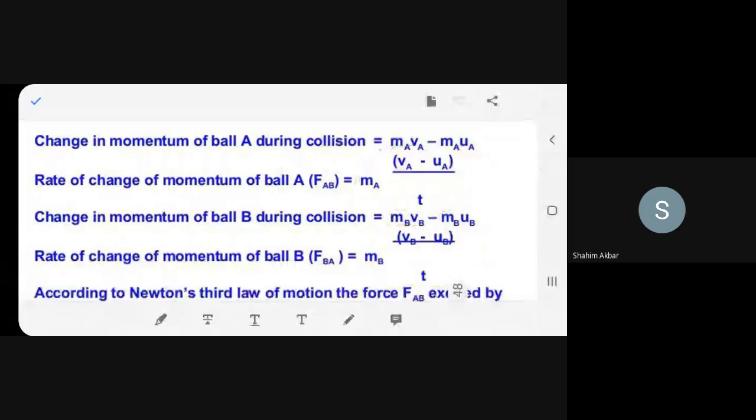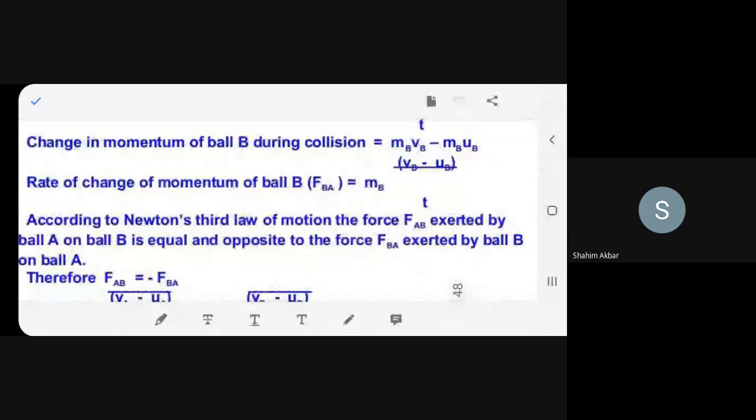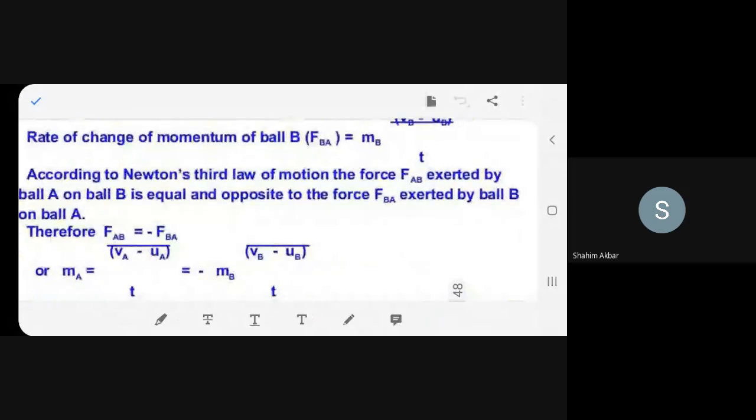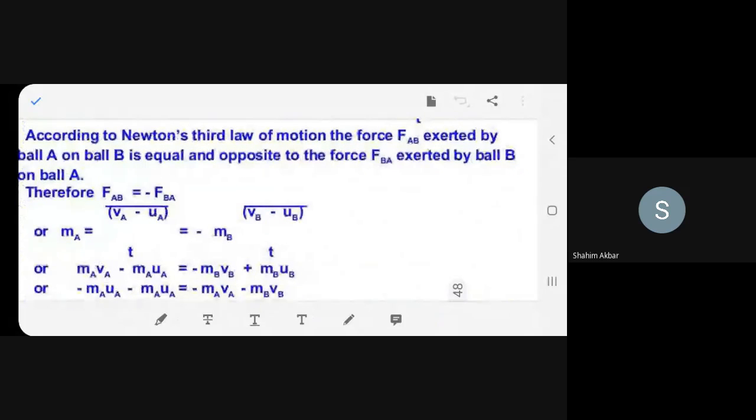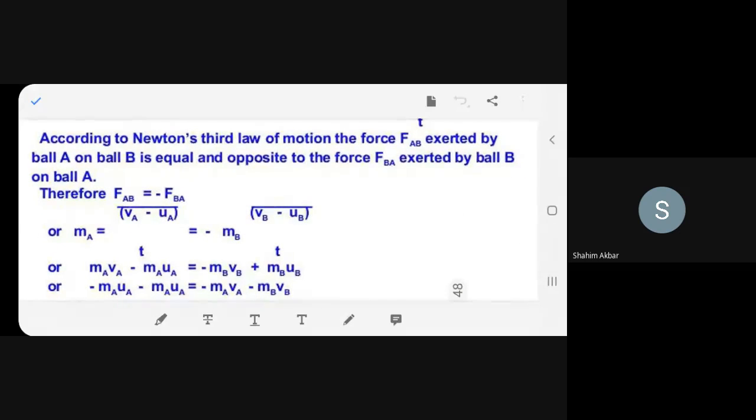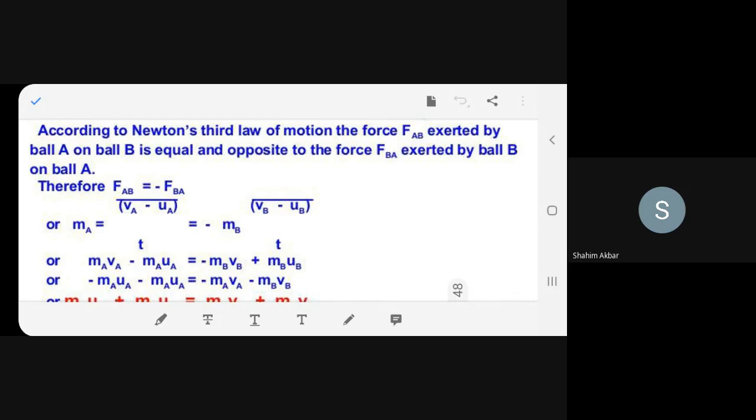Now what happens? We work with Newton's third law of motion. Now you read. So according to Newton's third law of motion, the force FAB, which was exerted by ball A on ball B, is equal.